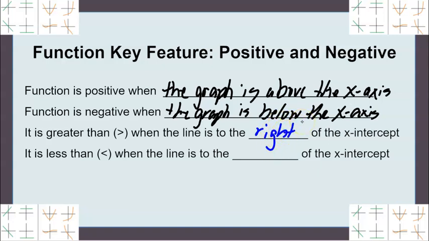And that will make more sense once you see an example. It is less than when the line is to the left of the x-intercept. So everything is going to be based off wherever the x-intercept is. Compare that to where the graph is heading.